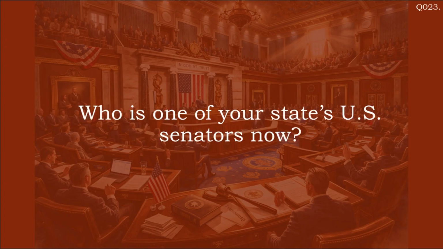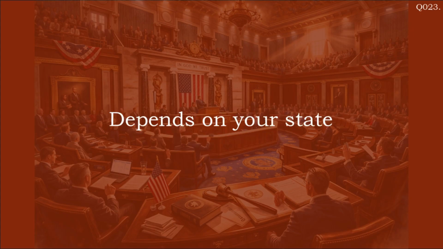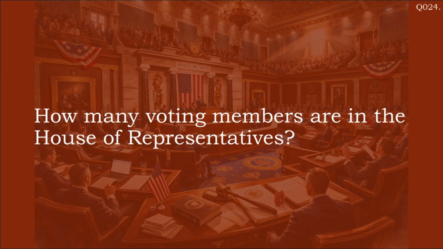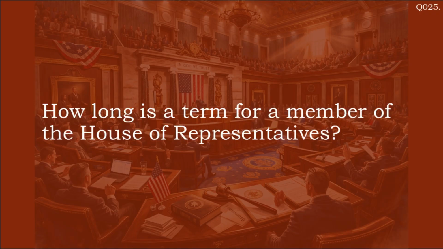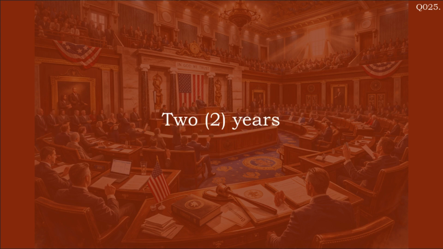Who is one of your state's U.S. senators now? That all depends on your state. How many voting members are in the House of Representatives? 435. How long is a term for a member of the House of Representatives? 2 years.